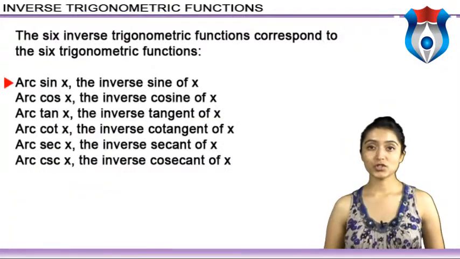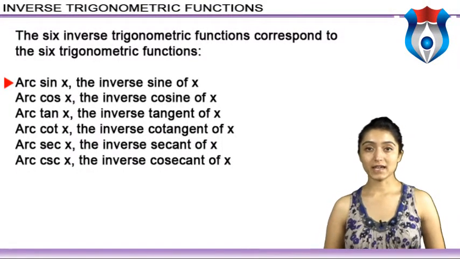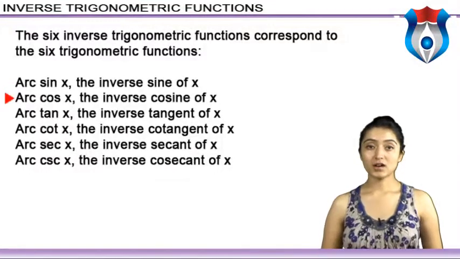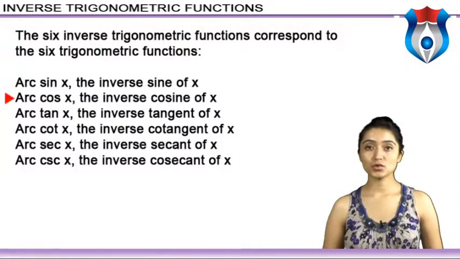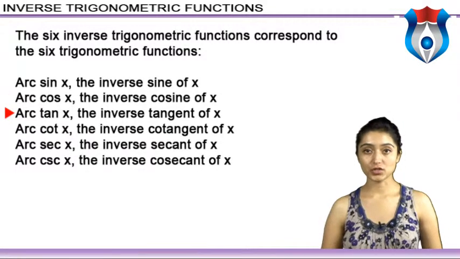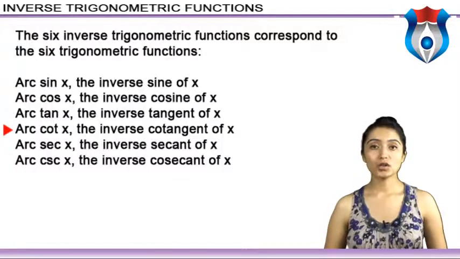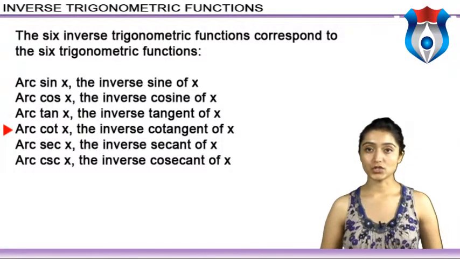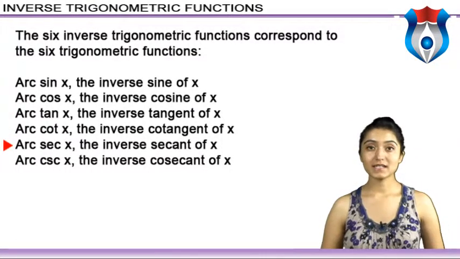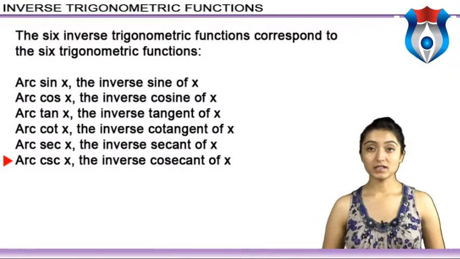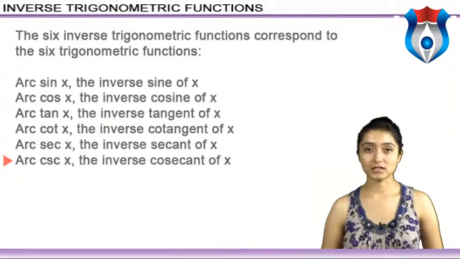The 6 inverse trigonometric functions correspond to the 6 trigonometric functions: arc sin x, the inverse sine of x; arc cos x, the inverse cosine of x; arc tan x, the inverse tangent of x; arc cot x, the inverse cotangent of x; arc sec x, the inverse secant of x; arc csc x, the inverse cosecant of x.